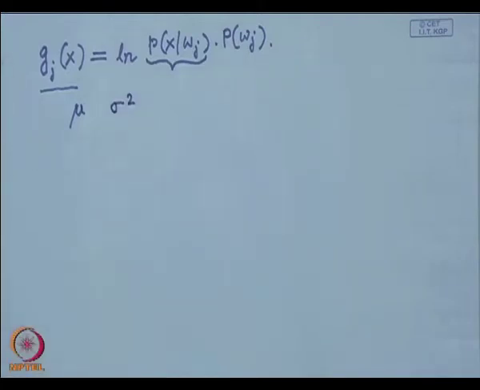So, if I look at the probability density function defined over a single scalar variable x, then if I know mu, the mean of the samples, and the variance sigma square of the samples, I have defined the curve which represents this probability density function.